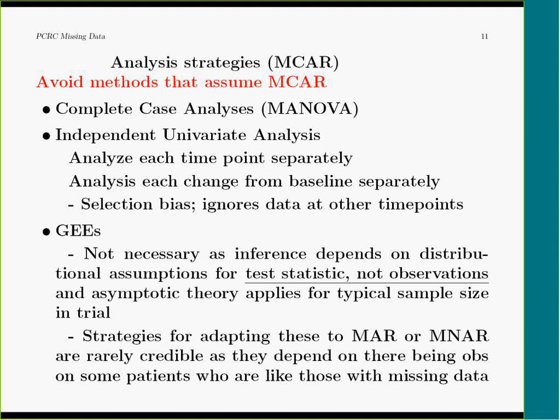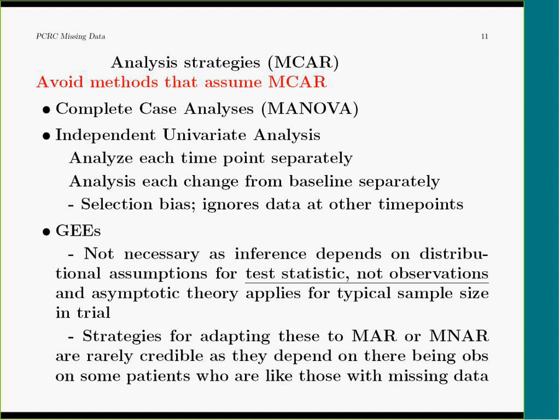There are some strategies for adapting the GEEs to missing at random or missing not at random. They basically involve heavier weights on subjects that are like subjects that are missing information.